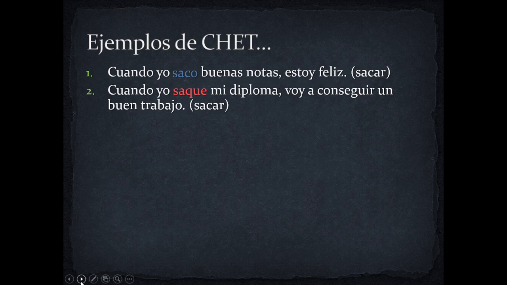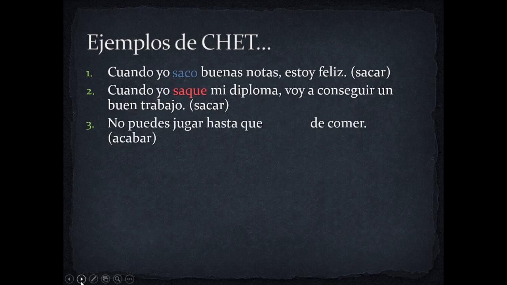Cuando yo saque mi diploma. So notice in number one, when I get good grades, blah, blah, blah. Number two, when I get my diploma, blah, blah, blah. Each of them basically have the same verb in English, get, but in Spanish they're different because the first one is habitual, the second one is pending.